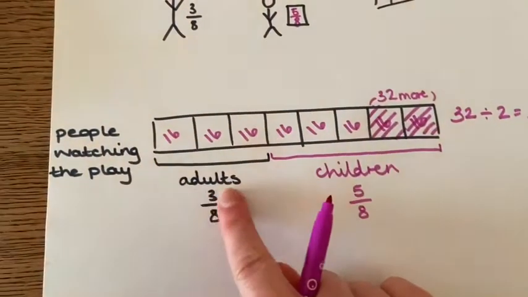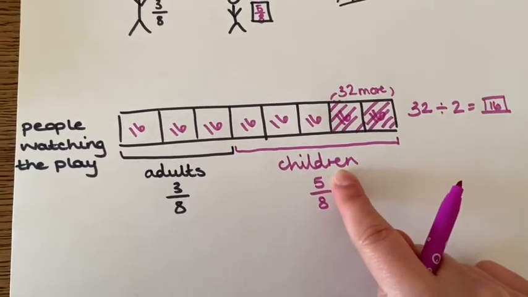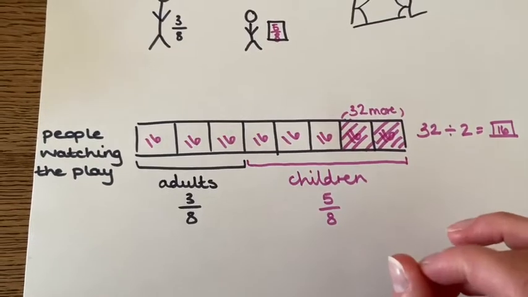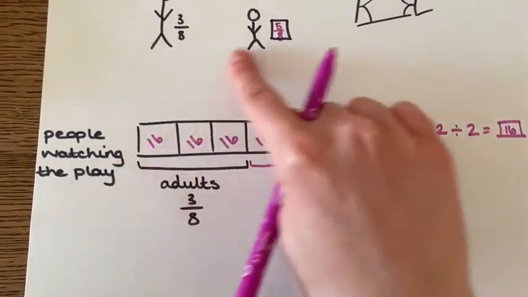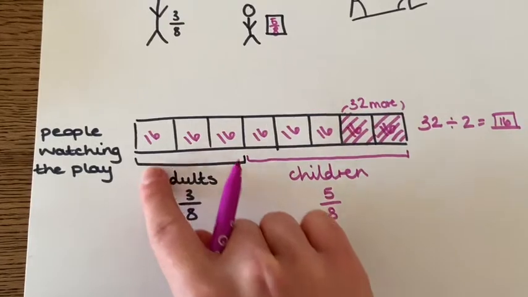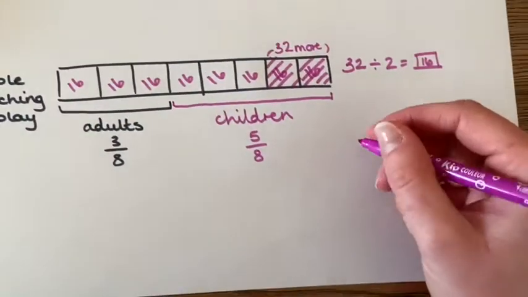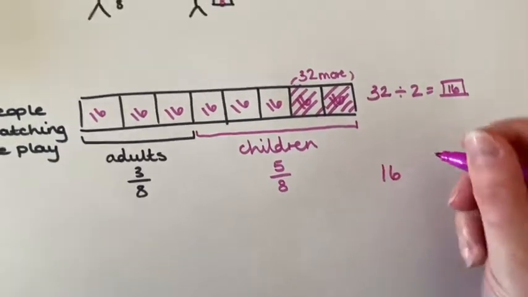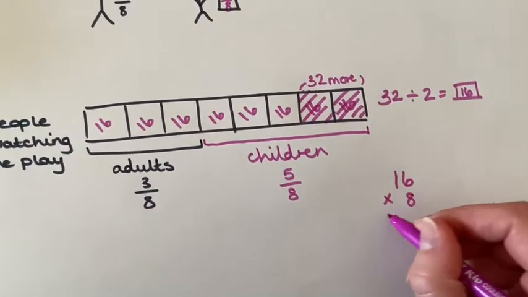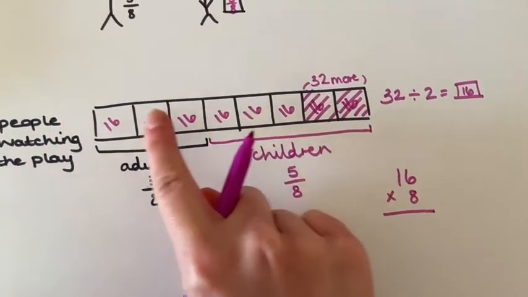So I don't just want to calculate the adults, I don't just want to calculate the children. Think about the most efficient way of calculating the whole model. How many people in total? Hopefully you're saying to me 16 times 8, because there are 8 lots of 16 here.